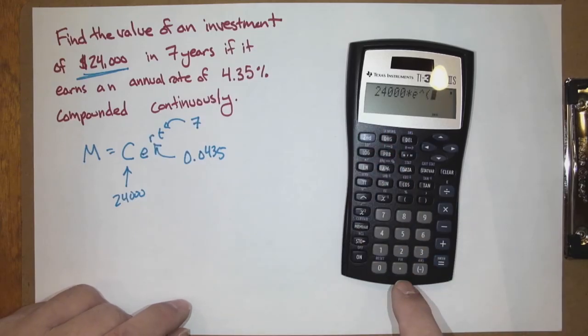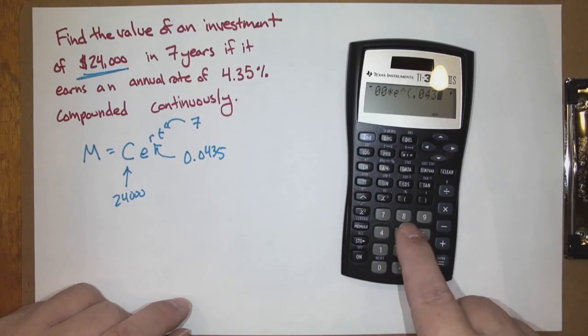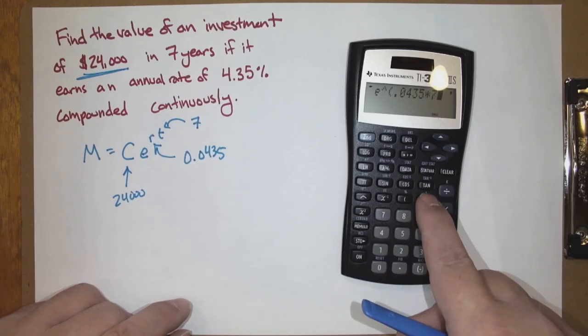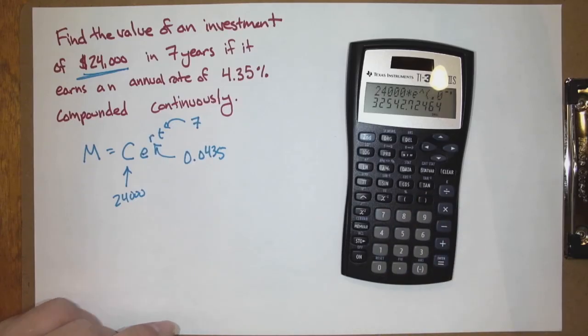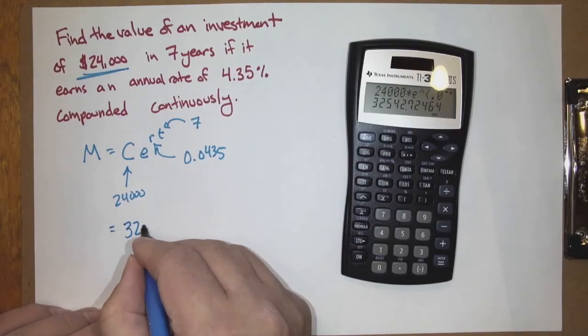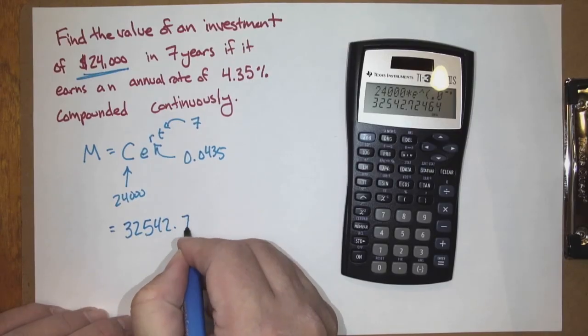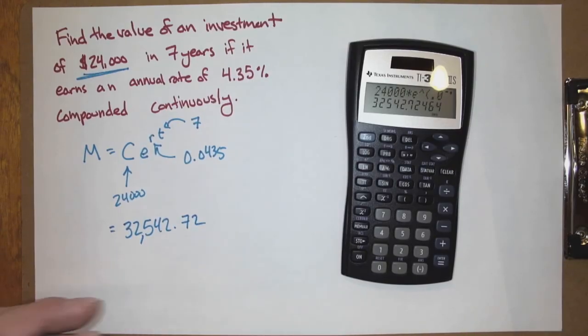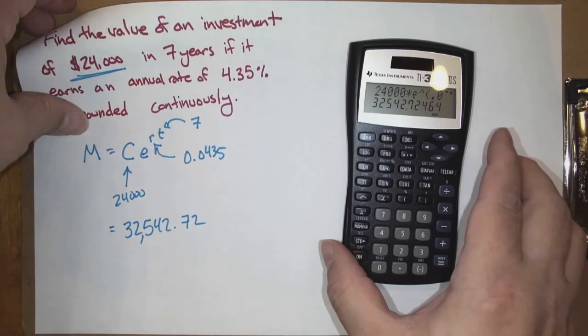So it's e to the 0.0435 times 7, and it tells us what? We get out a number, 32,542.72. Again, we're talking about money. Can't have fractions of pennies. Okay, so that's very simple examples of things we talked about last time.